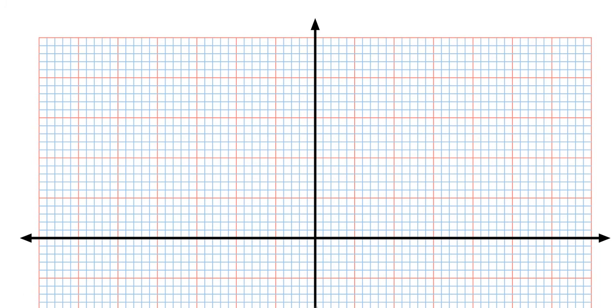So our coordinate was 6, 4. So I'm going to start at the origin, which is 0, 0. This is my x-axis. This is my y-axis. I'm going to go to the right 6 spaces.